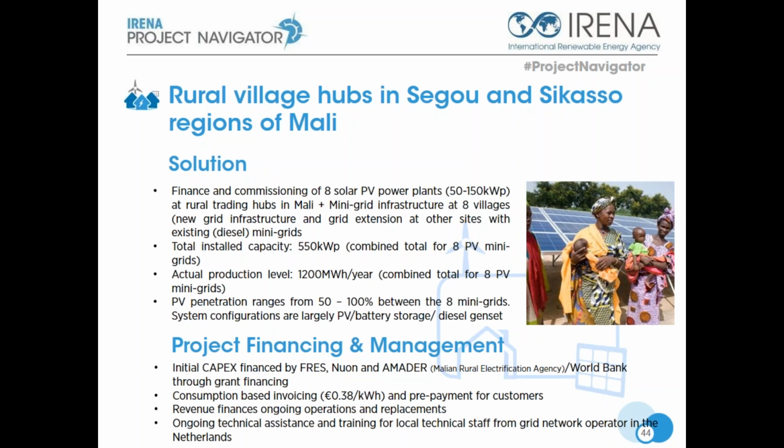You will see that in the Mali case, and as said, there are other activities in Uganda, South Africa, Burkina Faso, and Guinea-Bissau, it was feasible to install 550 kilowatt peak, with an actual production level of 1,200 megawatt hours per year, with 8 mini-grids. The PV penetration range differs by site, between 50 and 100%.